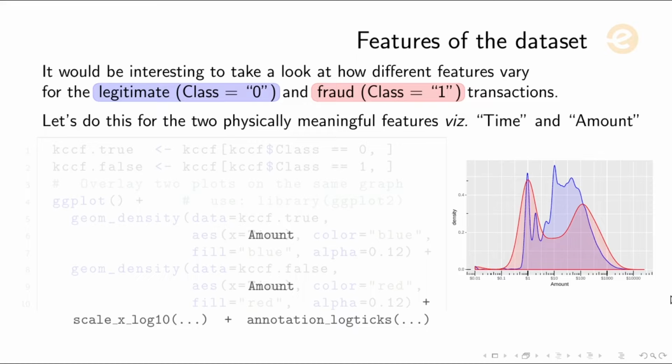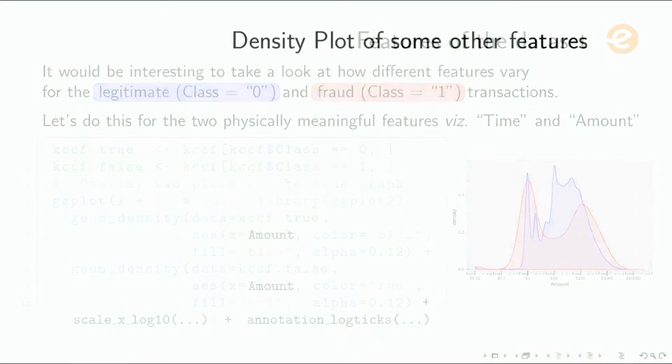But still, that is a kind of hunch that we dug into the amount variable, but still it's not enough to give us a very good classification of the whole data set. For that we need the full model. But before that, let's see some other variables other than time and amount, and take a look at how the density of these varies for the fraudulent and the legitimate classes.